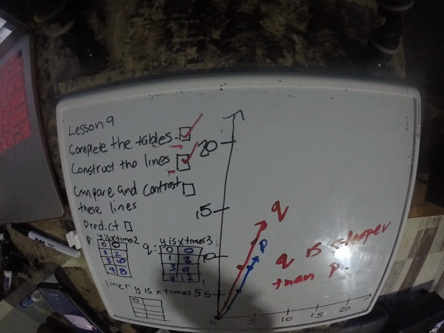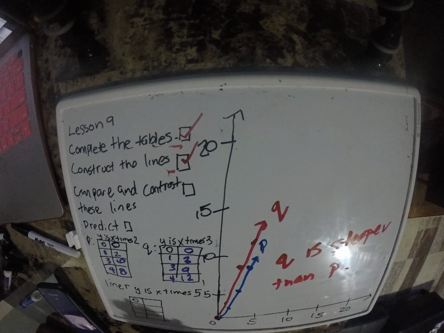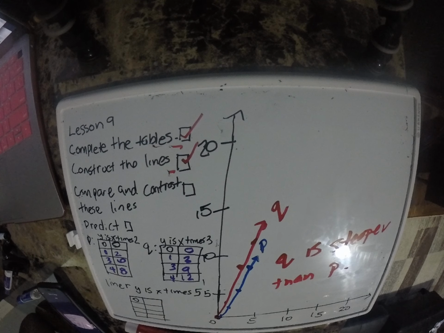Now I have this new line called R that I have to predict what will happen if I graphed it. So line R is y is x times 5. So again, I started with the origin.